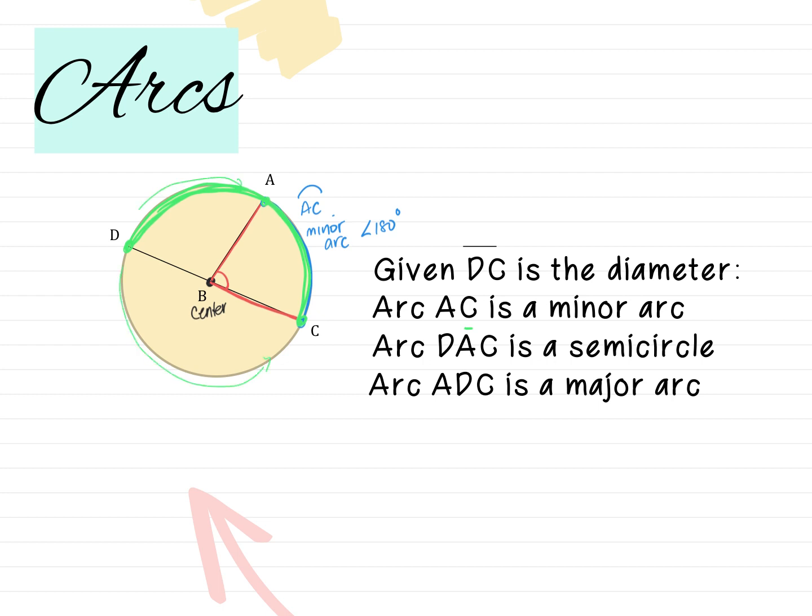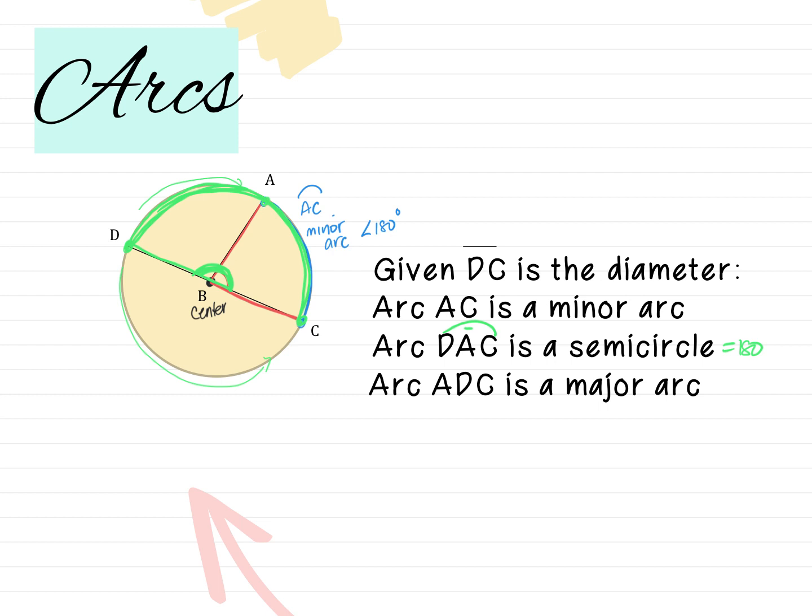And so that's really the goal of the 3 letters, telling you which direction. And so DAC is that way, and notice that the central angle would be this, which is a half circle, which is 180 degrees, which makes sense because arc DAC is a semicircle or half a circle.